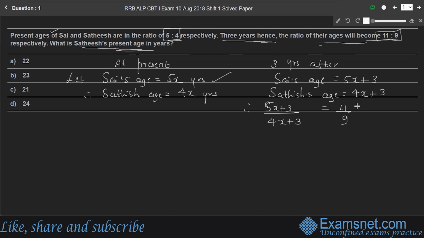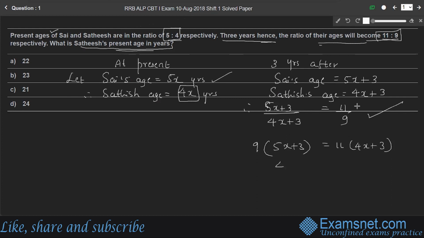What is Satish's present age in years? Satish's present age is 4x years. For that, we need the value of x. So consider their ages 3 years hence and the ratio of their ages. By cross multiplication, we can write 9 into 5x plus 3 is equal to 11 into 4x plus 3.